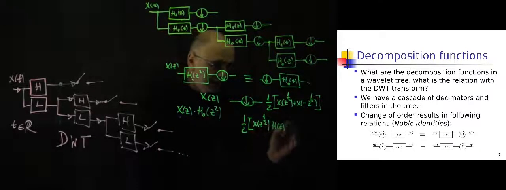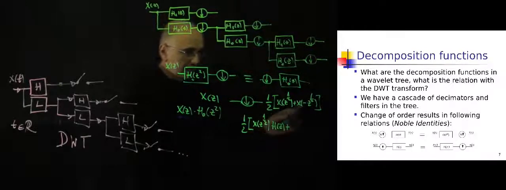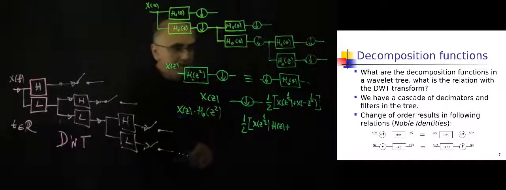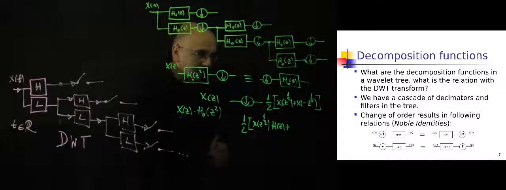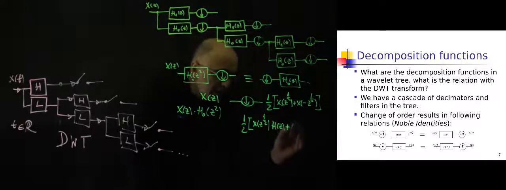And then we have a second term, X of minus z to the power of 1/2, but when it is squared, the minus disappears.